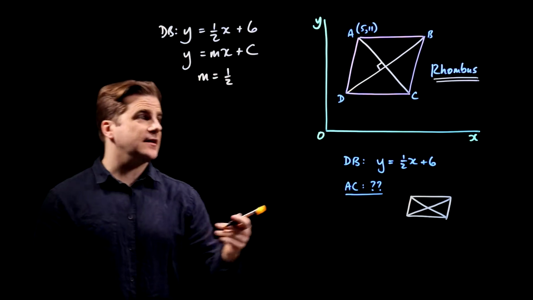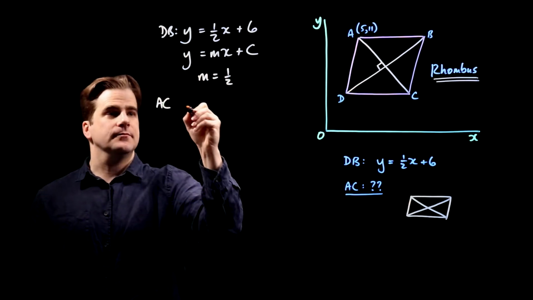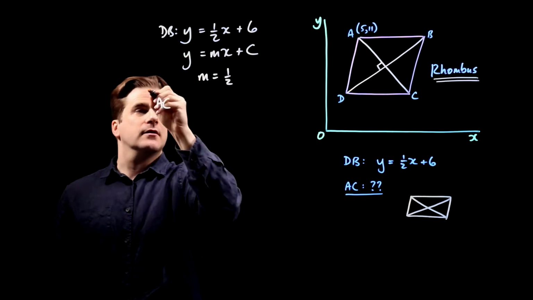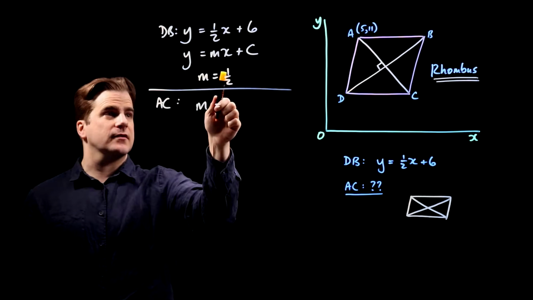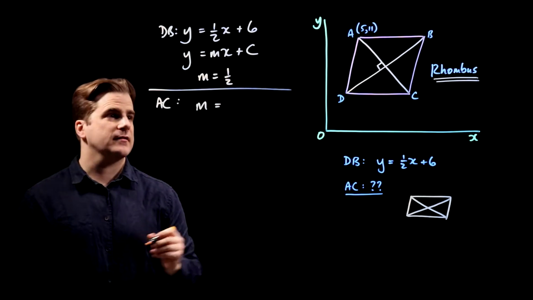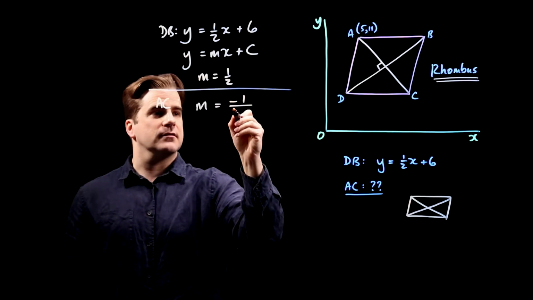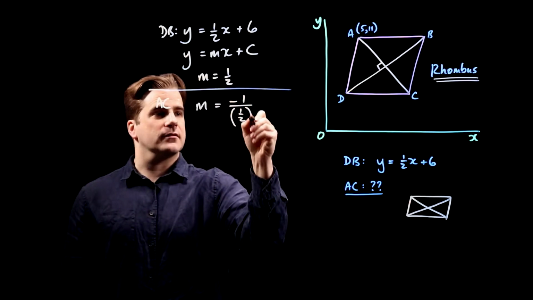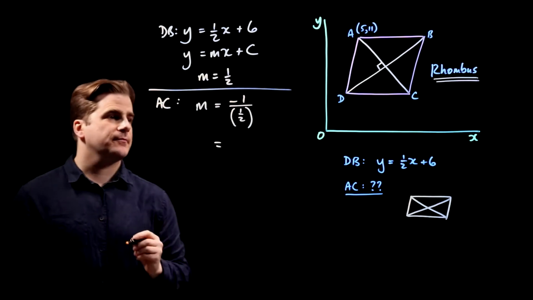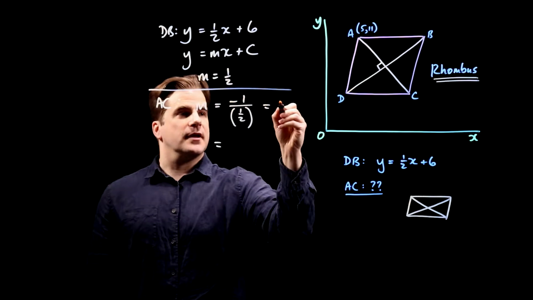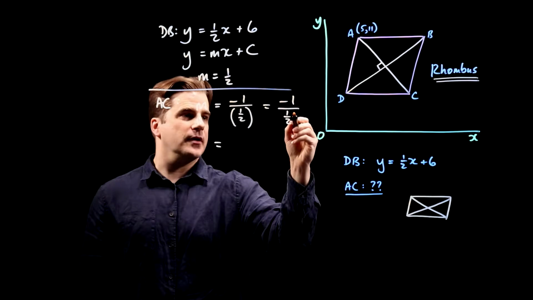So, like I said, we can immediately work out the gradient of the line AC. For AC, the gradient is the negative inverse of this gradient. In other words, minus 1 over a half, which is like minus 1 over 1 over 2.